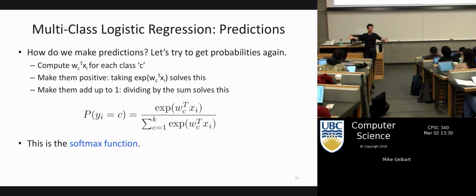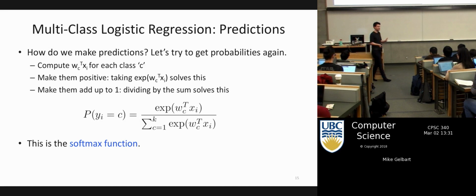So now we have K numbers coming out of this thing, and we want to interpret them as K probabilities. So we need some mapping that takes K numbers and does something to all of them so that they are all between 0 and 1. There are many ways of interpreting the function I'm showing you on the slide, but my personal way is this: okay, I have a bunch of numbers.